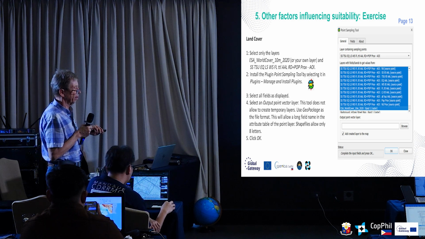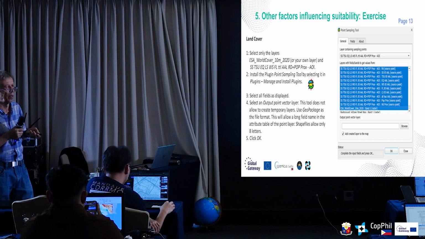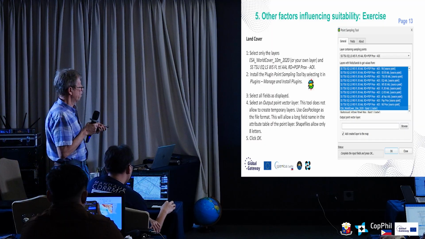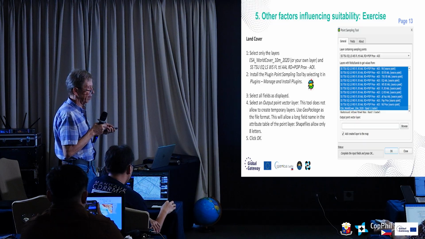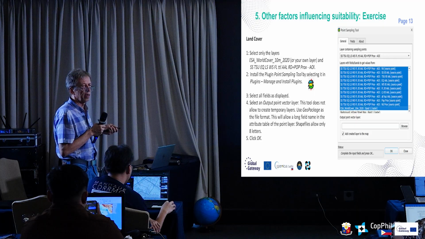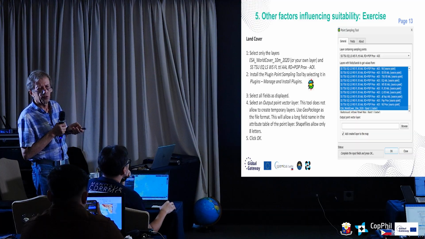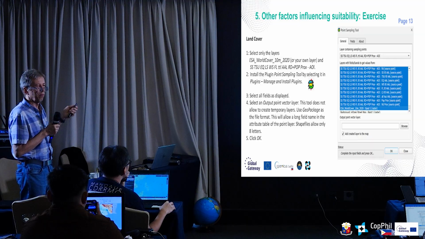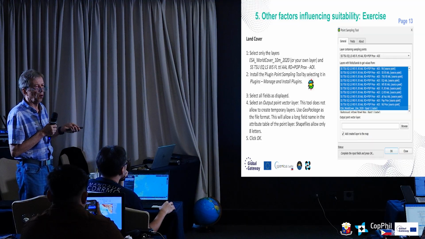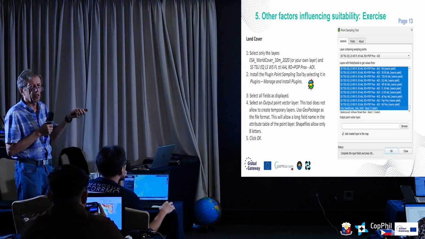Right, and there is a tool to get the data from different raster layers into a point layer. That is a point sampling tool, which is a plugin. The data I showed you before are raster data: the proximity of population and the proximity of roads. And to have them in a point, we need to sample them.